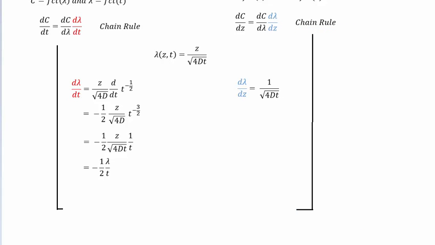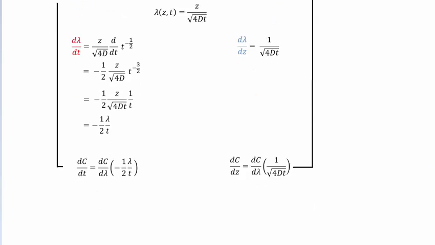So over here with the red, the d lambda dt, and over here with the blue, the d lambda dz, we're going to get these two expressions. So literally just plugging this red in from here to here, and this blue in from here to here.